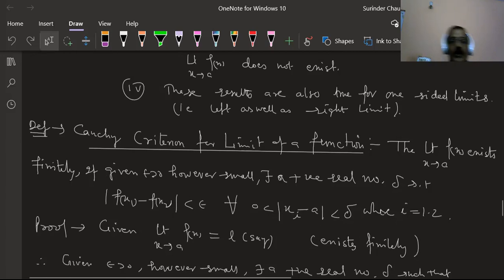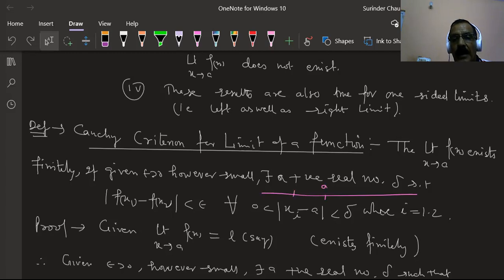Now let me make the domain clear. This is the domain, and a is here, a minus delta is here, and a plus delta is here.